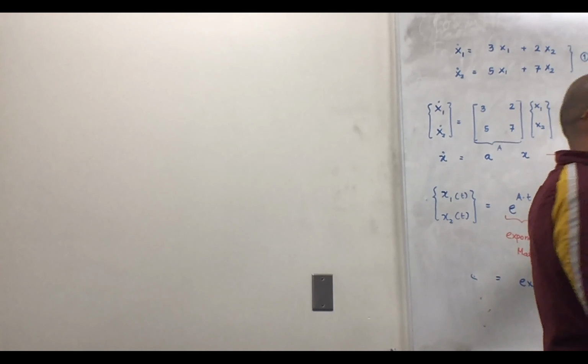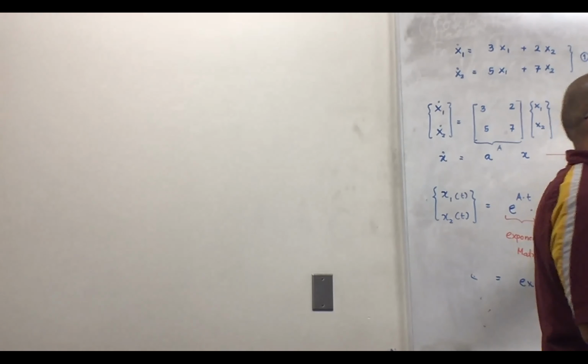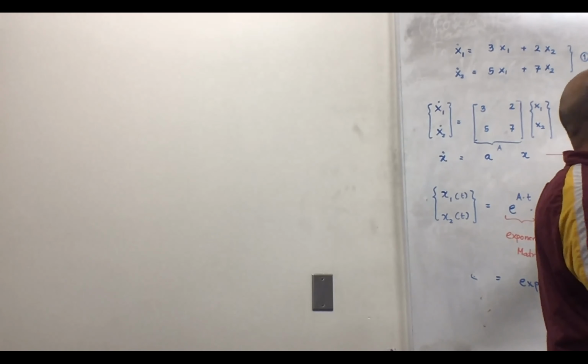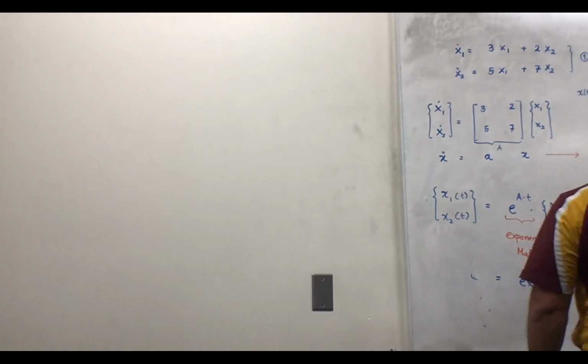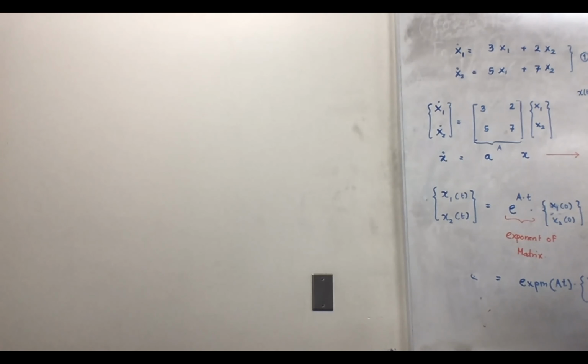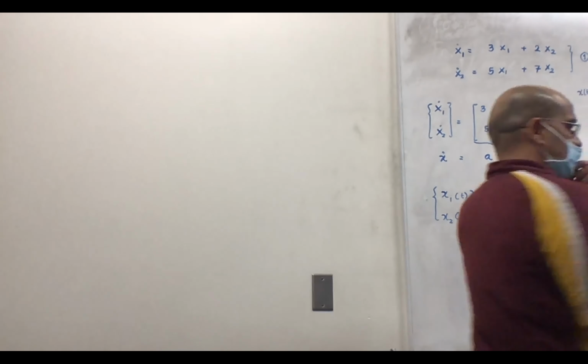If my value of a is 0, then what's going to happen? It's going to be a straight line. I'm going to write this down: a is equal to 0, a is less than 0, a is greater than 0.